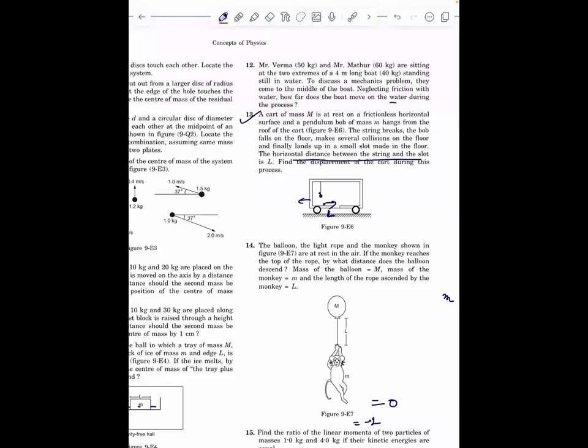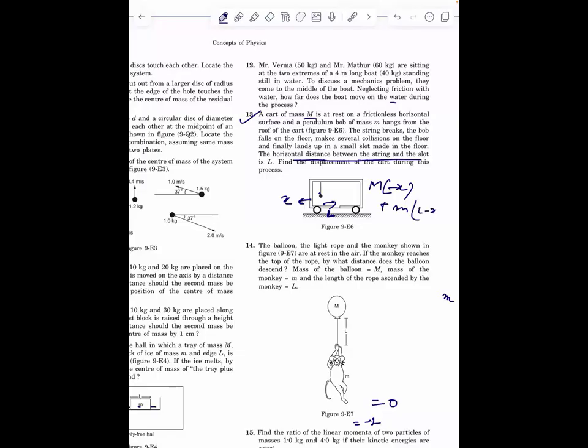Suppose, guys, if this cart moves by X, how much does the ball have to move to go to the slot? Sir, L minus X. So I am writing cart M is going to minus X this way, plus small m moves how much distance?